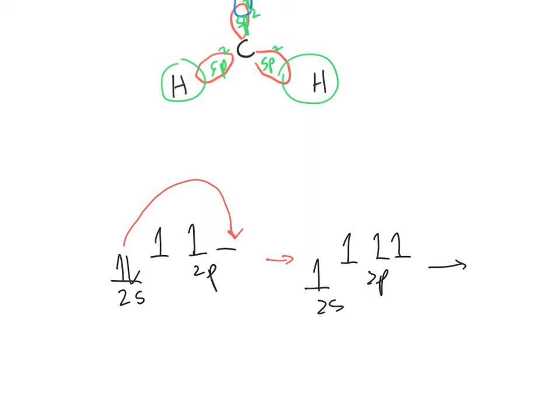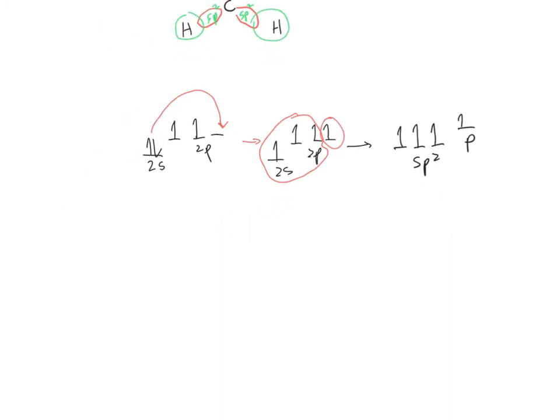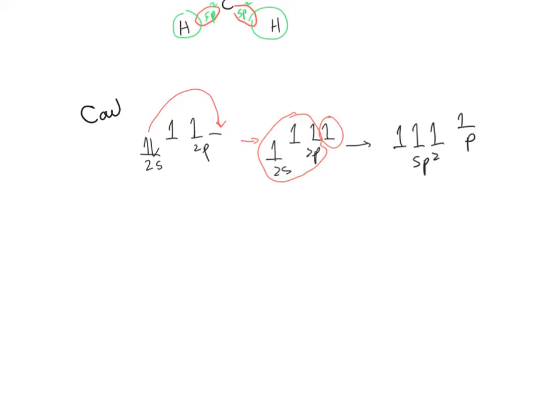Okay, and then we know we're making sp2 hybrids, and then there'll be an unhybridized p. So 1, 2, 3 sp2 hybrids, and 1 p, 1, 2, 3, 4. All right, now for oxygen, this is for carbon.